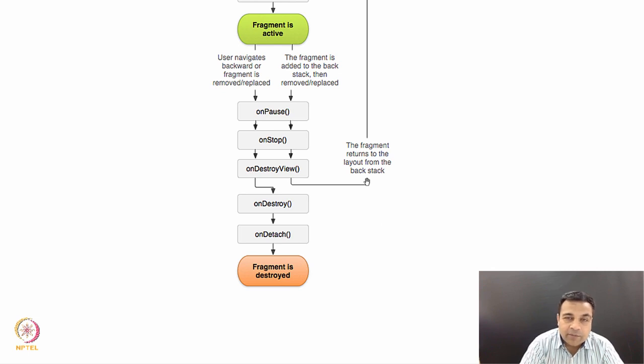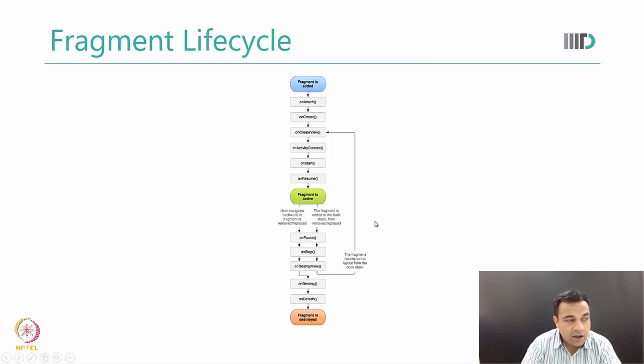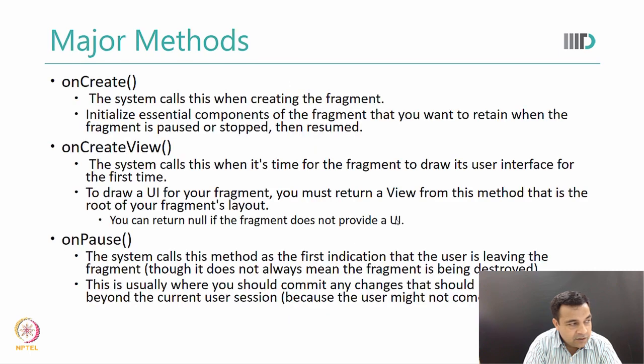So these are the callback methods which are part of the fragment lifecycle. Later on we will see how these methods correspond with the methods of the activity lifecycle. Among these methods there are three which are important: onCreate, onCreateView, and onPause.